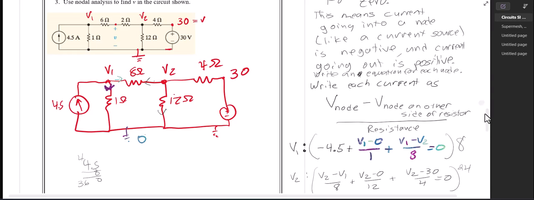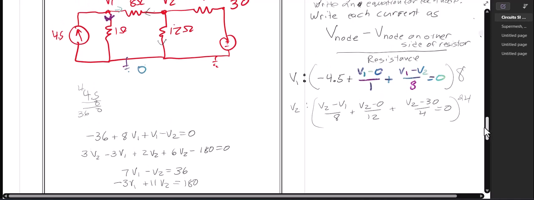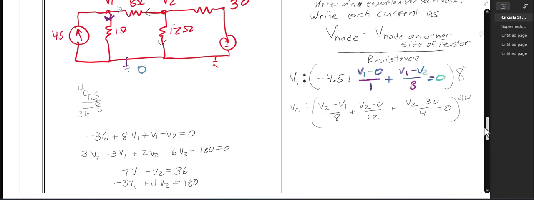That's 8, 4.5, 12, 4, 30, minus 4.5, V1 over 1, V1 minus V2 over 8, V2 minus V1 over 8, V2 over 12, V2 minus 30 over 4. 4.5 times 8 is 36, negative 36 plus 8V1 plus V1 minus V2, times 24, 3V2 minus 3V1 plus 2V2 plus 6V2. 6 times 30 is negative 180. 8V1 plus V1 is 9V1 instead of 7.